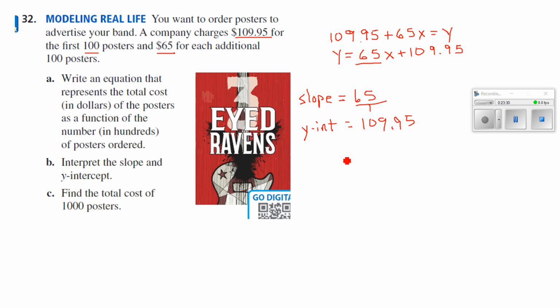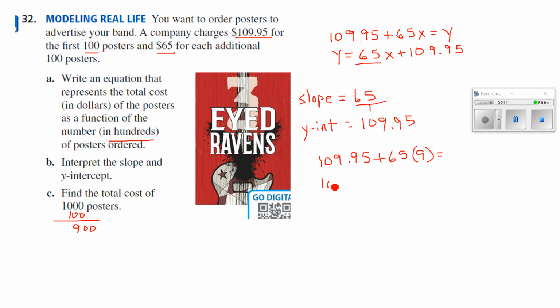It says find the total cost of 1,000 posters. All right, so if this is the case, the first 100 was covered, right? Now we have 900 more. And this function is in hundreds, so we would have to put plus 65 times 9, since when we get rid of the first 100, there's going to be 900 left, and they charge 65 for each 100.